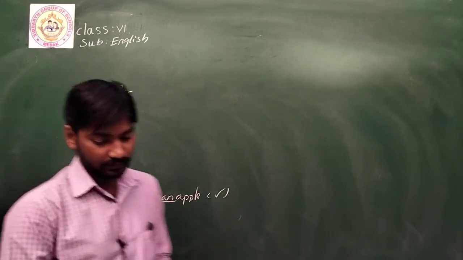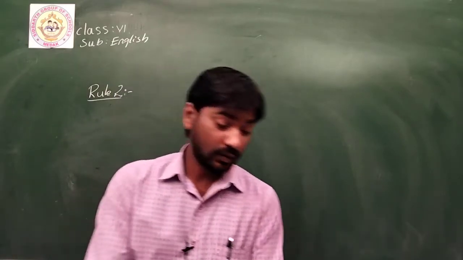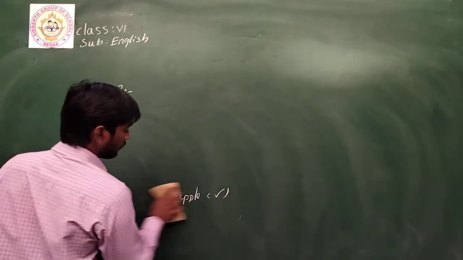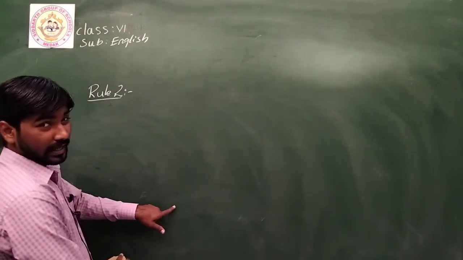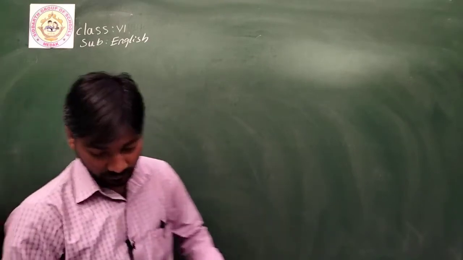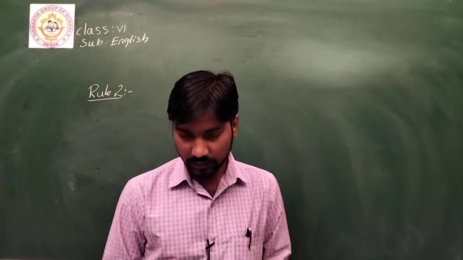Now rule number 2. Uncountable nouns don't use a or an.